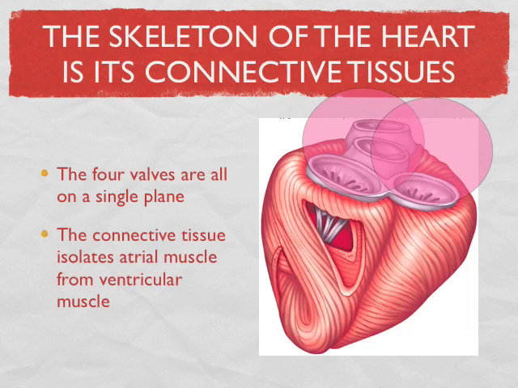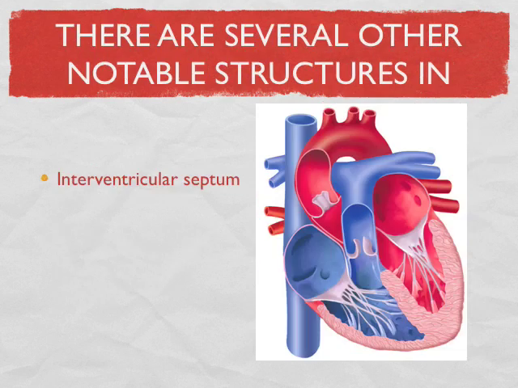Okay. Now, I want to take it back here. When you look at this picture, you look at the valves, and they're not all on the same plane in this picture, right? You can see the two atrioventricular valves and this valve seem to be here, but they've drawn the aortic valve way up here.